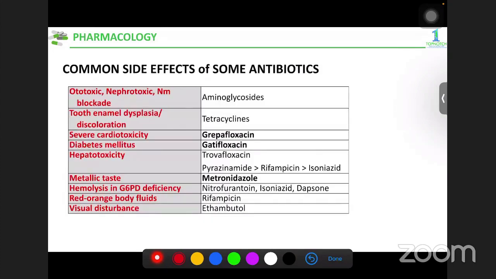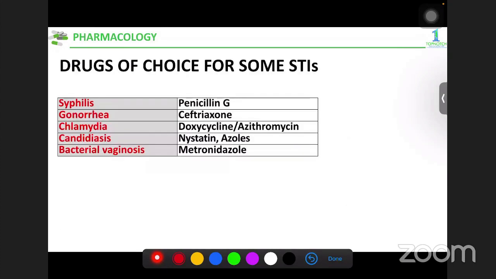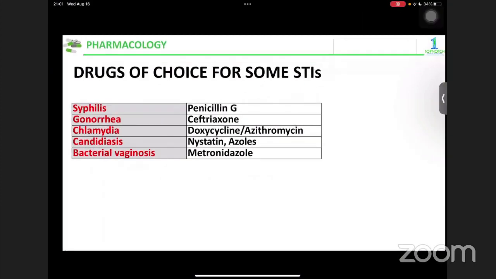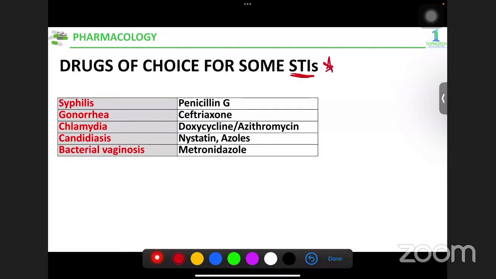Thank you, Doc. So, okay, so ito, gusto ko emphasize, drug of choice for sexually transmitted infections. So kahit anong subject, basta micro or STI, tatanungin mo sa boards. Pwede sa IM, OB, pedia, not naman siguro pedia, pero micro, pharma, they usually ask for sexually transmitted infection.